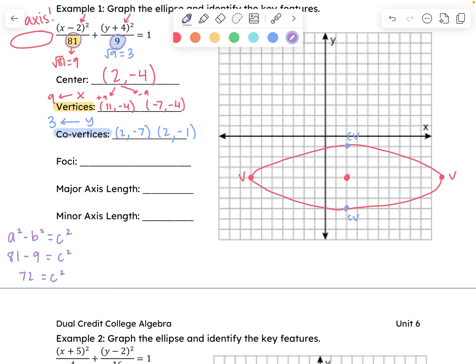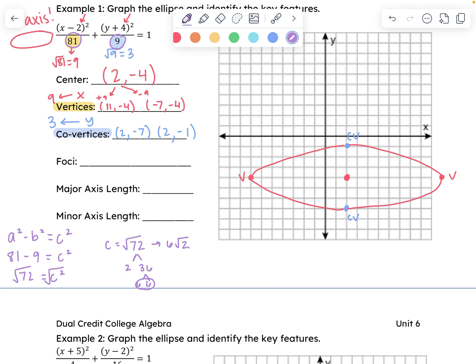But that is c squared, so I do have to square root both sides. So c is equal to the square root of 72. I need to simplify that and break that down. I do know that's 2 times 36, and 36 is a perfect square, the square root being 6, so that breaks down to 6 square root of 2.